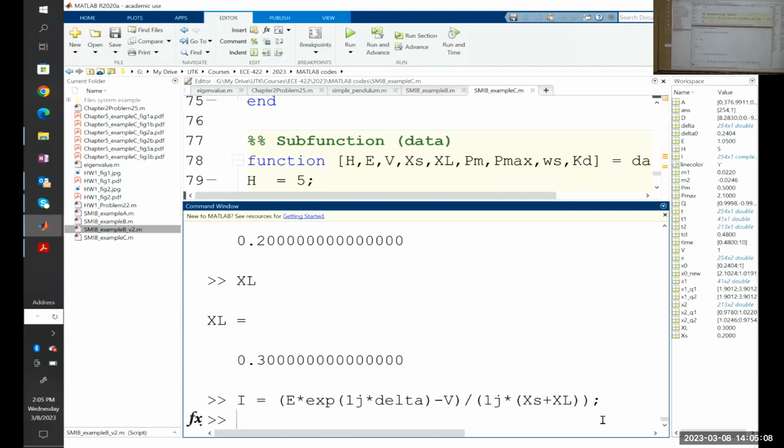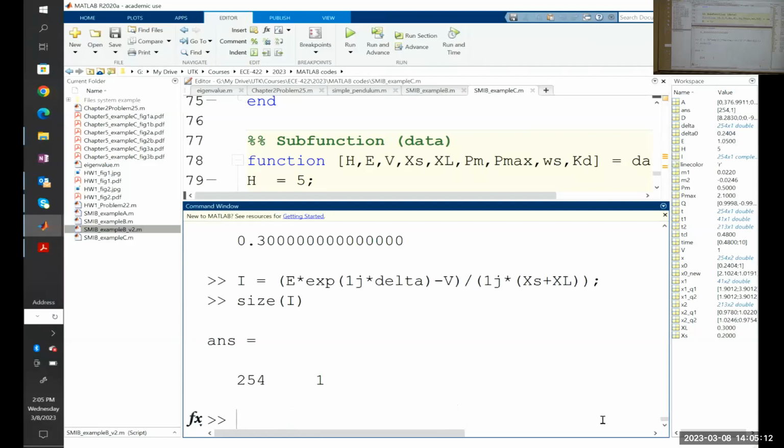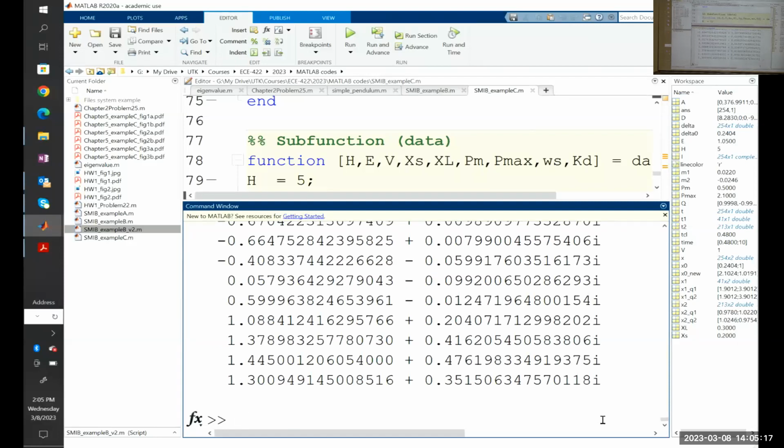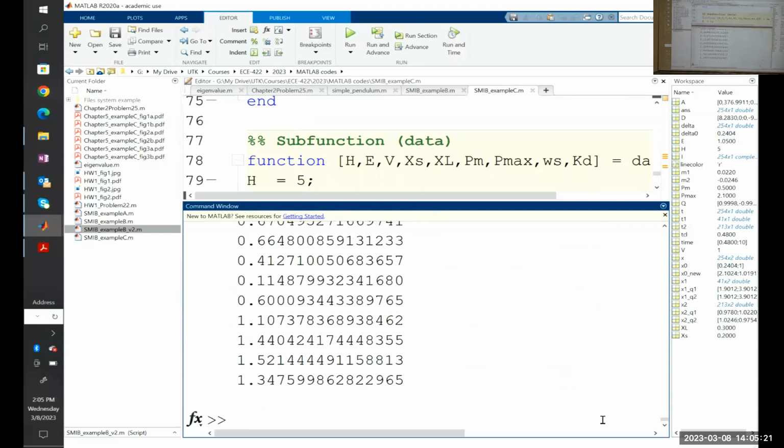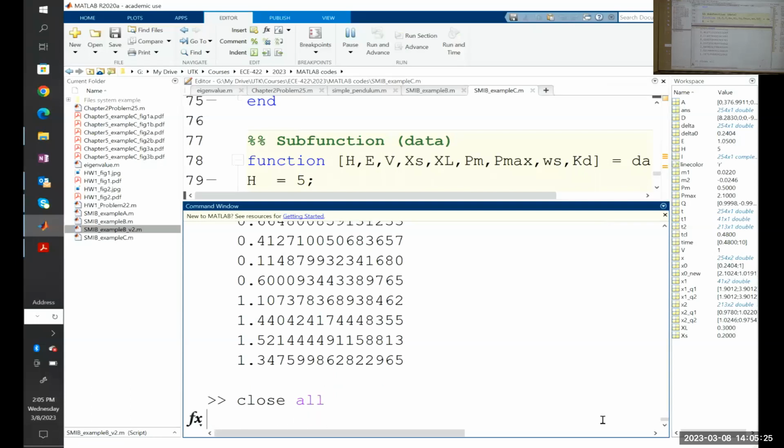So that's the current, and the current should be a complex quantity. Yes, we can see what we have. Yeah, it's a complex quantity. And if we get the absolute value of the current, then you have that. So why are we not getting the plot?